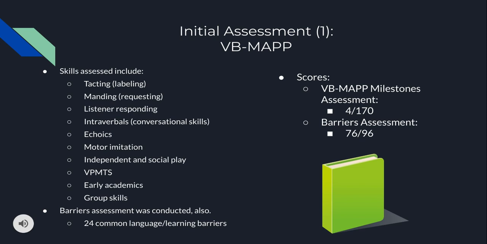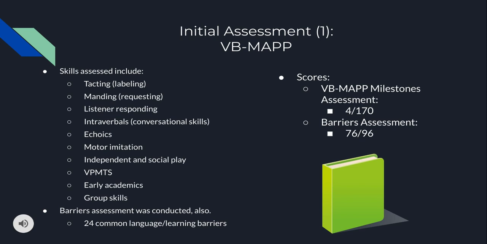So the barrier assessment consists of 24 common language and learning barriers that arise in individuals with ASD. What we tried to do here with the barriers assessment is see to what extent these barriers exist in E and if they are causing her any difficulties with learning or skill acquisition.